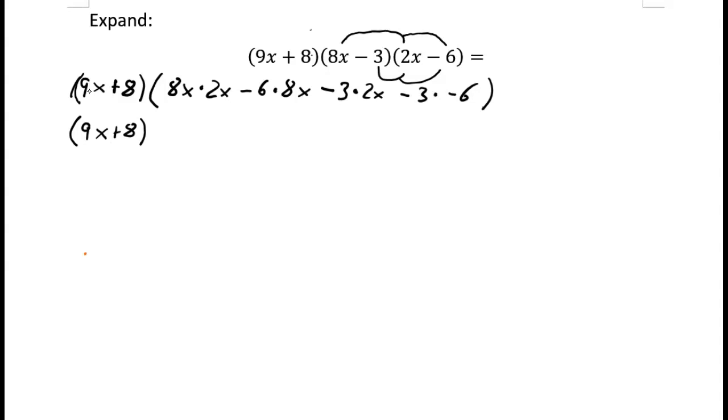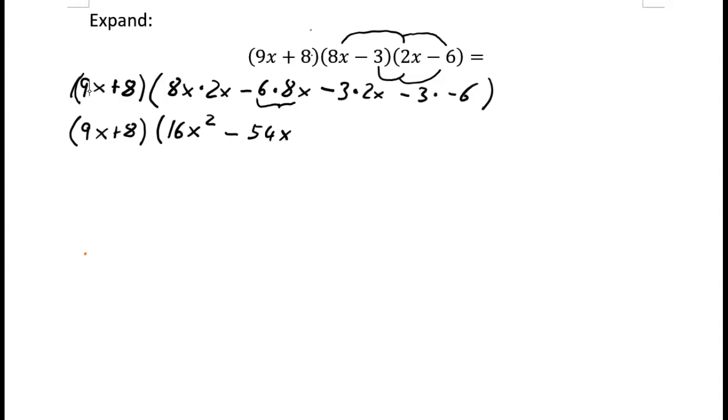So here we have 8x times 2x. So that gives us 8 times 2 gives 16x squared. Now then we've got minus 6 times 8x. That gives us negative 54x.